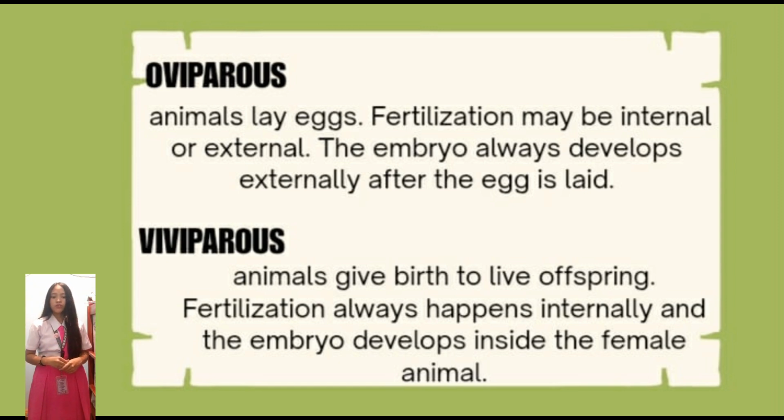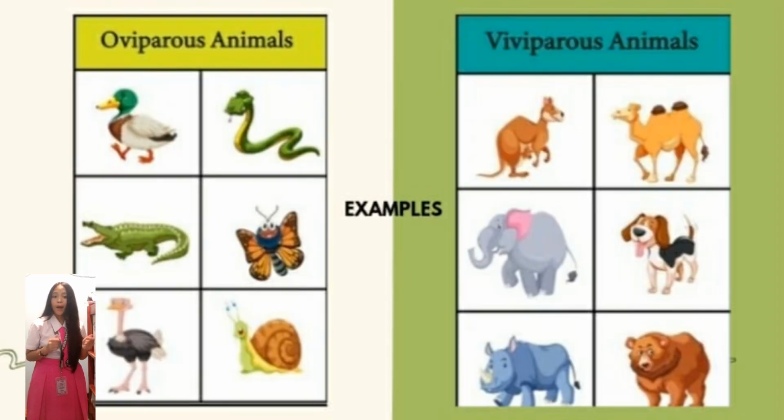While viviparous animals give birth to live offspring. Fertilization always happens internally and the embryo develops inside the female animal. So oviparous animals lay eggs, and their young develop inside the egg. While viviparous animals give birth to live young, which develop inside the mother's body.